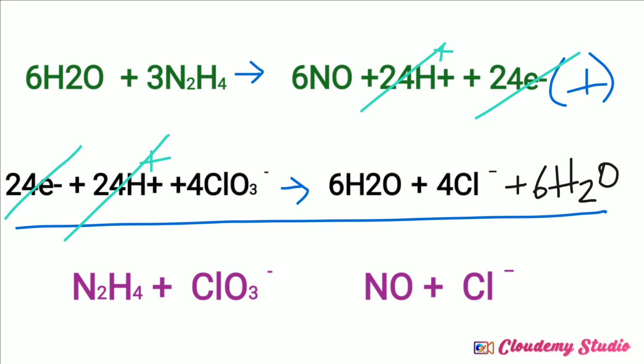The next one: here 6 molecules of water, but there 12 molecules of water, so 6 molecules of water and 6 molecules of water are cancelled because they are present on opposite sides. Is any other substance present on both sides of the equation?